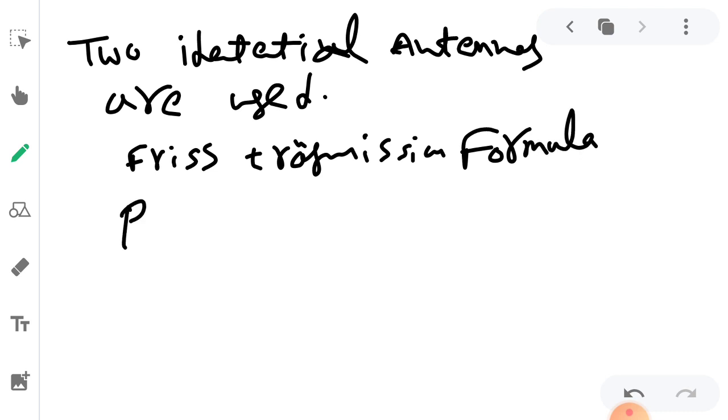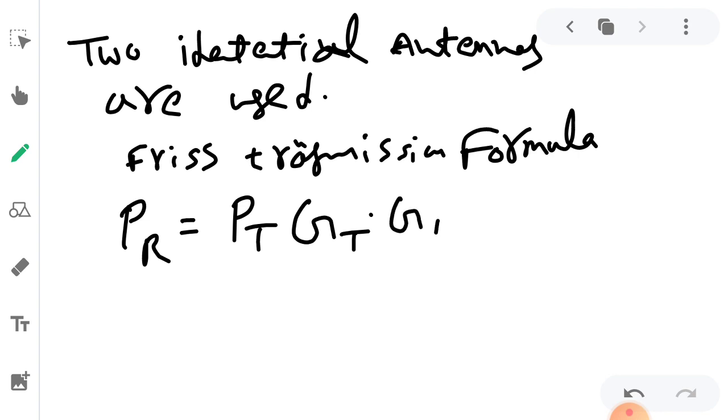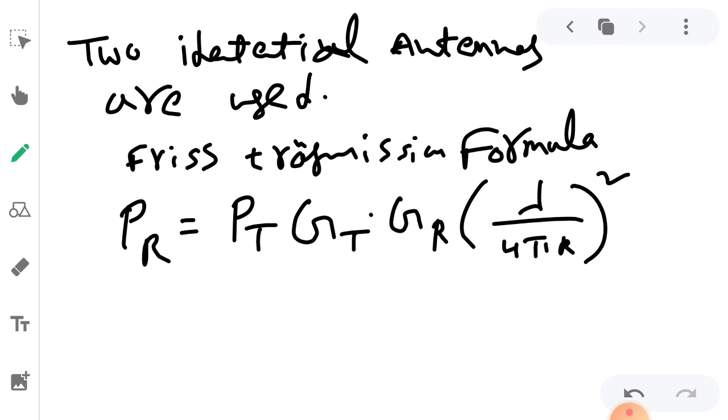This formula relates the received power by the antenna, PR, to the transmitted power PT, gain of the transmitted antenna GT, gain of the receiver antenna GR, into lambda by 4 pi r whole square, where lambda is the wavelength of the signal which is transmitted and r is the distance between the transmitted and receiver antenna.